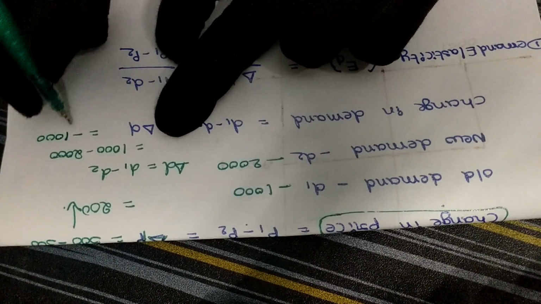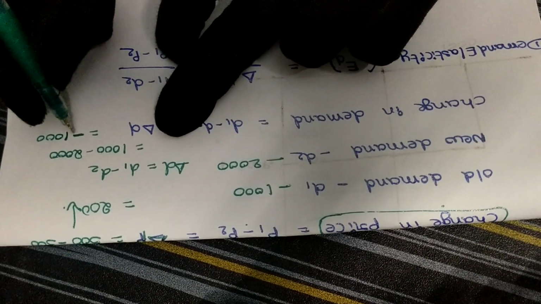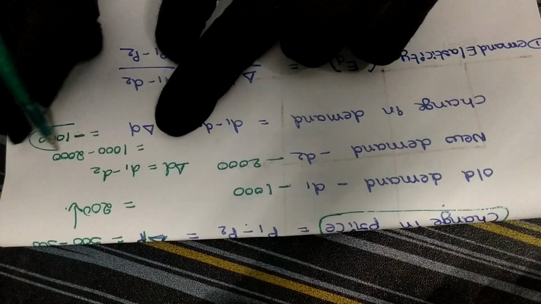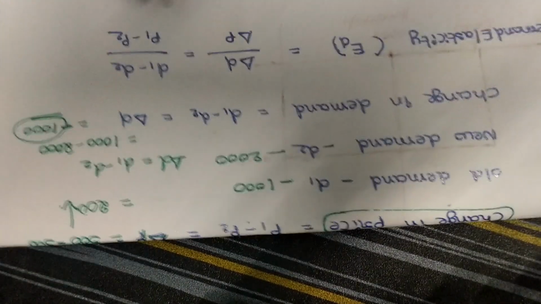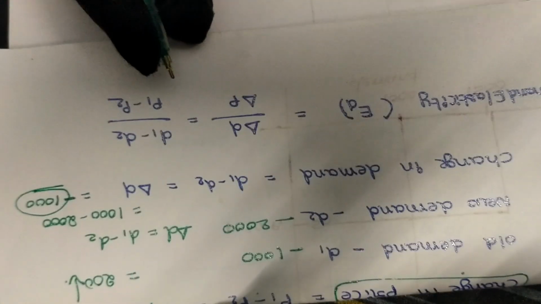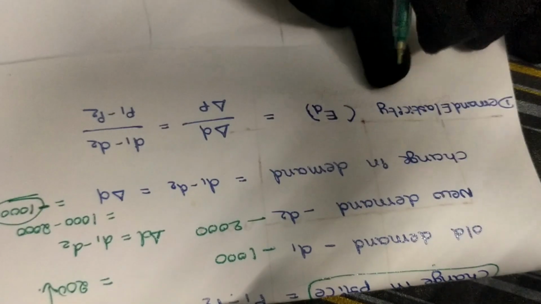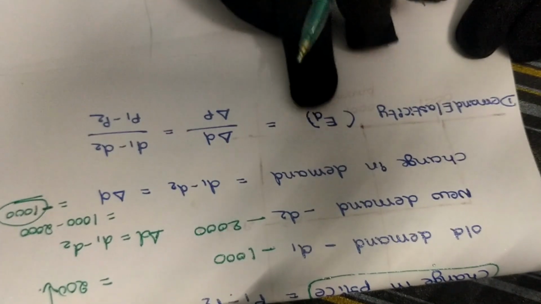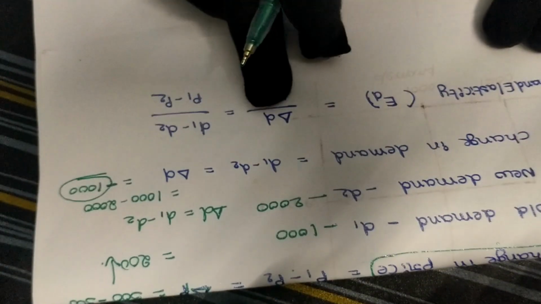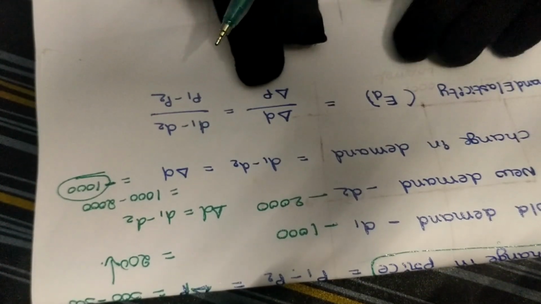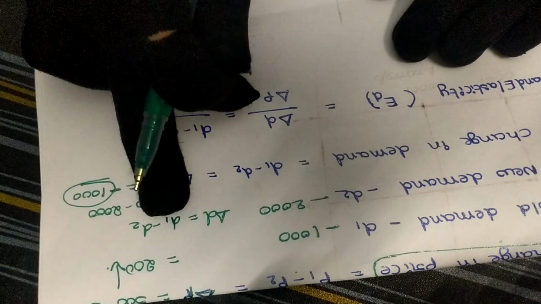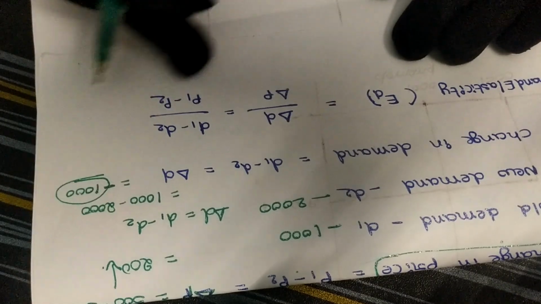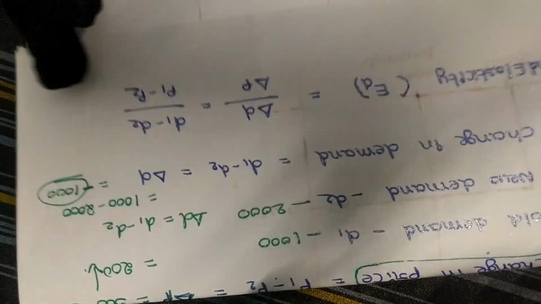That means dresses are not anywhere negative, so this 1,000 is the change in demand. Now if you would like to calculate the demand elasticity, the formula is ED is equal to change in demand by change in price. What is change in demand? D1 minus D2 by P1 minus P2.